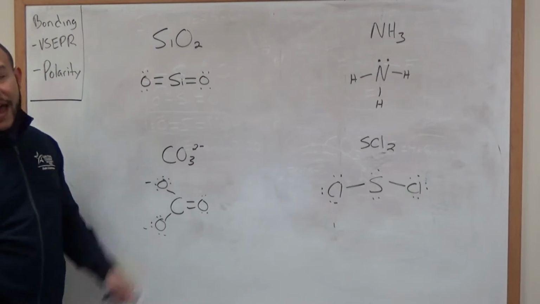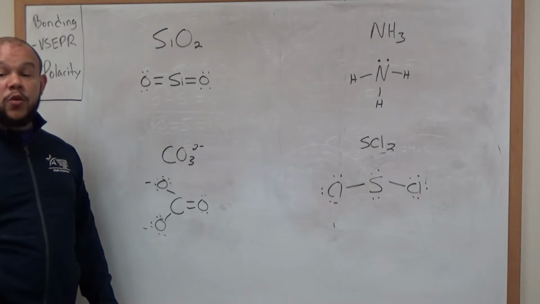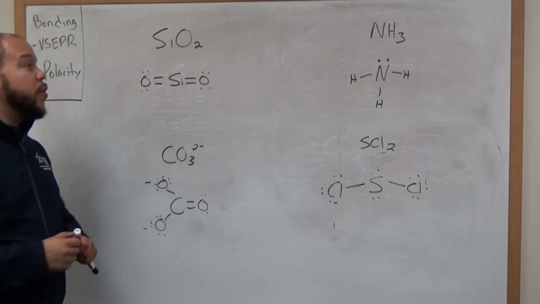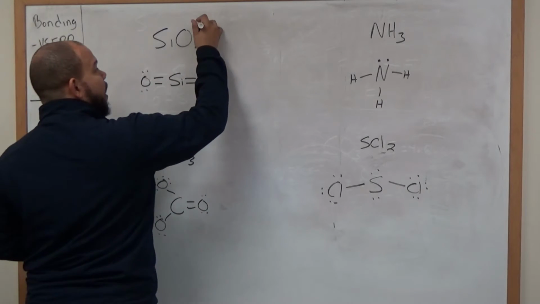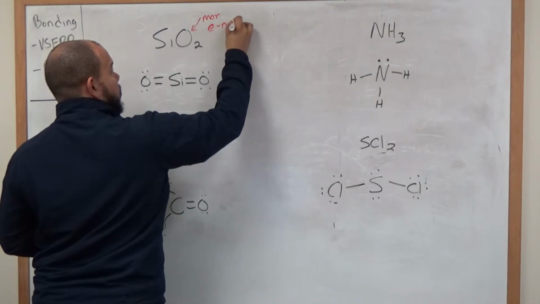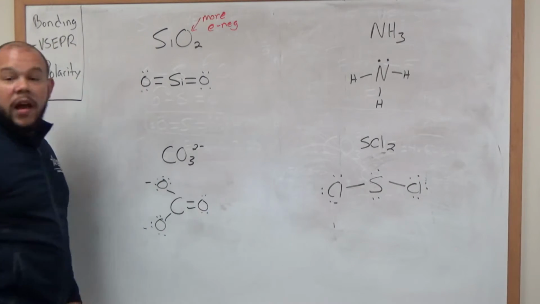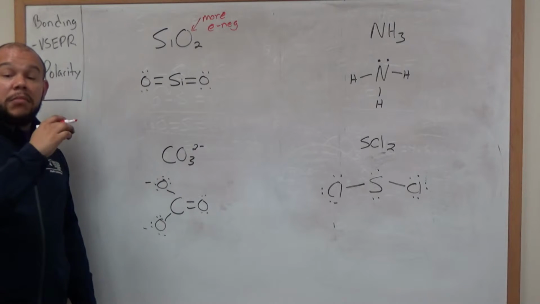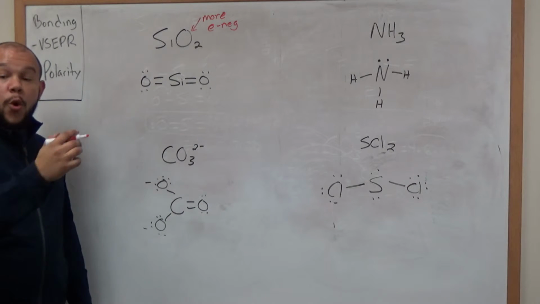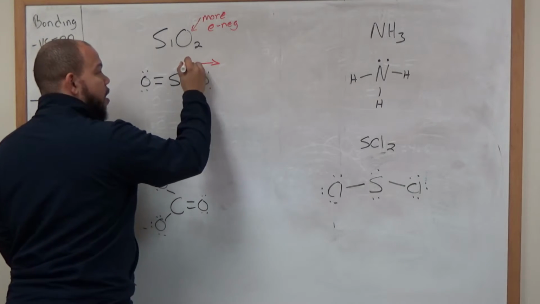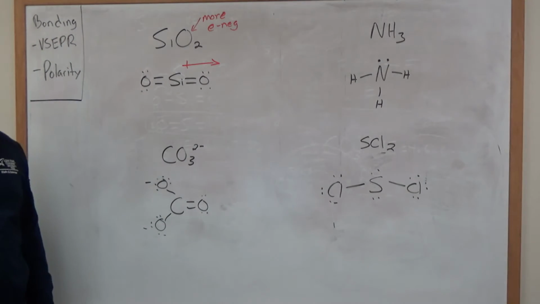So if we use that trend to determine which one is the more electronegative atom in this molecule, we will know that the more electronegative atom is oxygen. What that means is that our dipole, as it pertains to oxygen, will be in oxygen's direction. Remember, our dipole is an arrow with a plus on the other end.